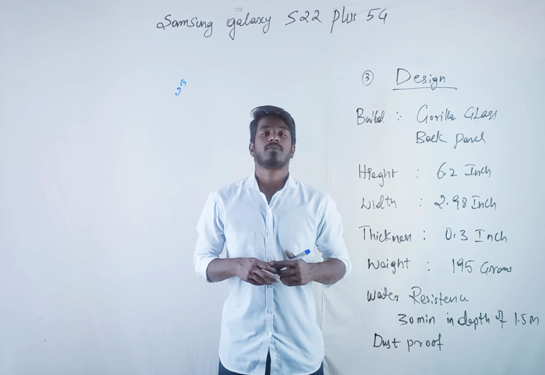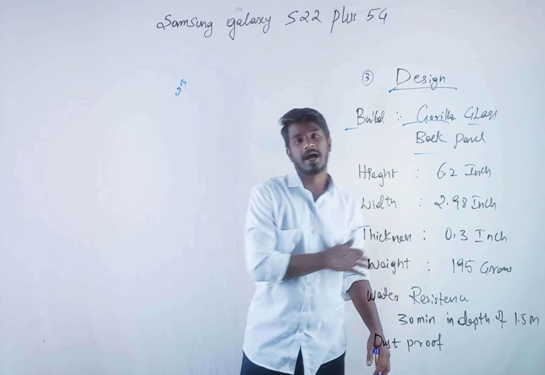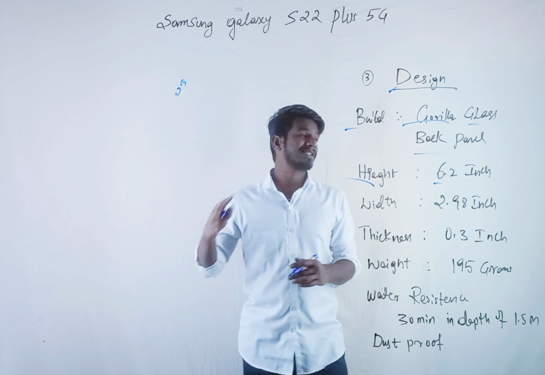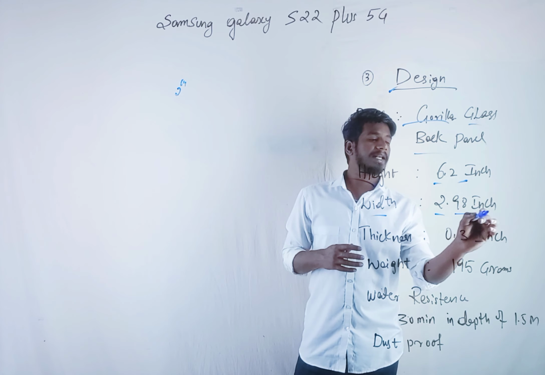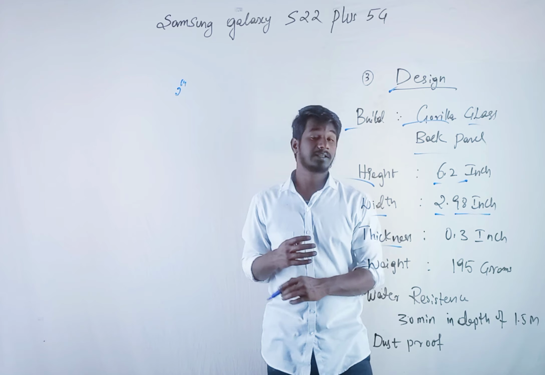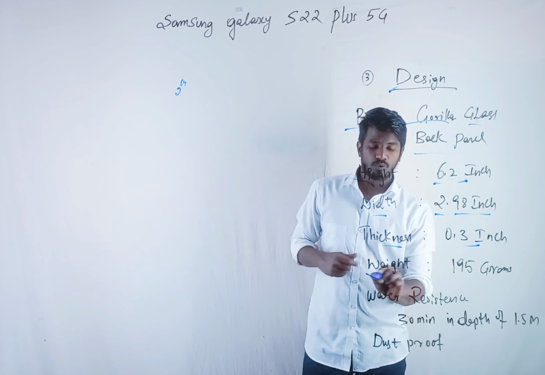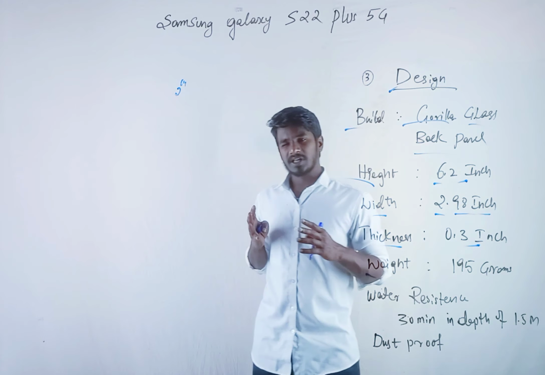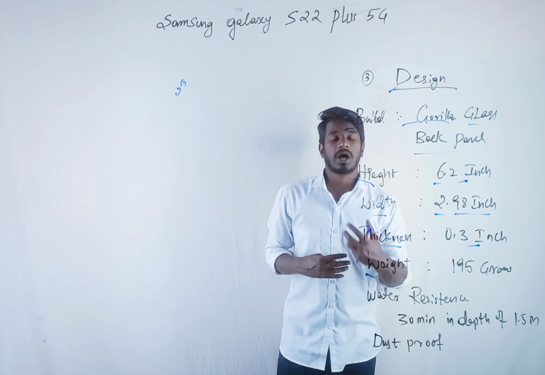The next point, the phone is built with a Gorilla Glass back panel. Fine. Height of this mobile phone is 6.2 inches. Width is 2.98 inches and the thickness is 0.3 inches. Fine. Weight of this mobile is 195 grams. It is light. You can feel the weight of the mobile in your hand.